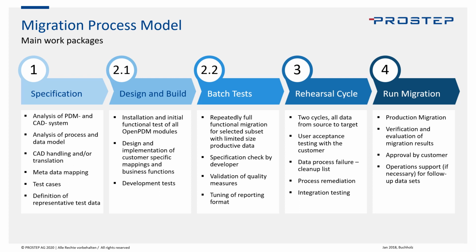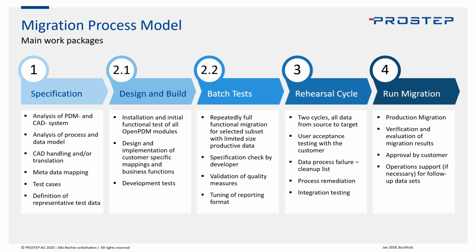So the first phase is specification, and that's where we do an analysis of the data within the source systems. We try and understand what might be bad data initially, so that we can start any cleanup efforts there. We test out processes for handling CAD, and any translation that you might have.